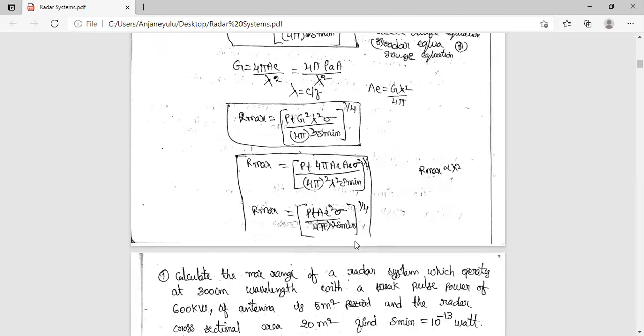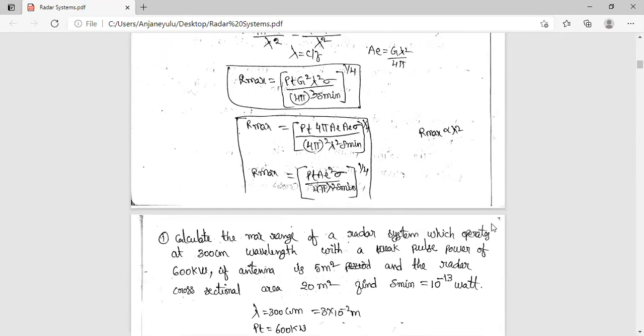If you substitute in place of Ae, that equals G into lambda square by 4 pi, in terms of gain, then we get this expression: R maximum equals Pt into G square into lambda square into sigma by (4 pi) whole cube S minimum, whole power 1 by 4.